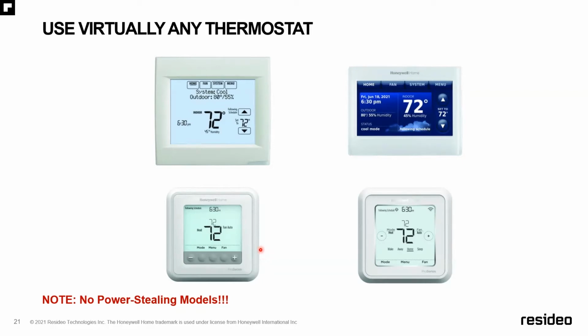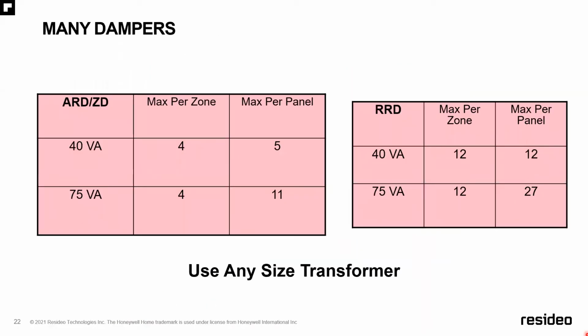Non-connected thermostats, obviously, are some of your options, as well as our Wi-Fi T6 series. But please, please, whatever you do, be very, very careful not to use a power stealing thermostat with our zone panel, or otherwise you will have a bad day guaranteed. So please keep that in mind.